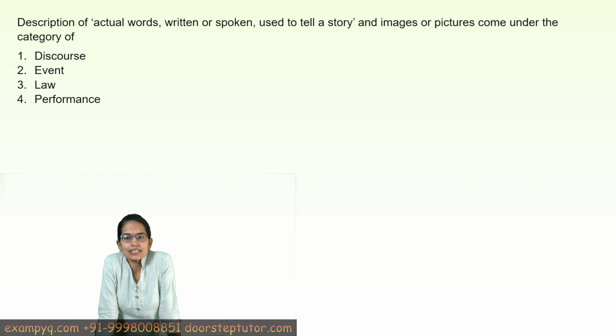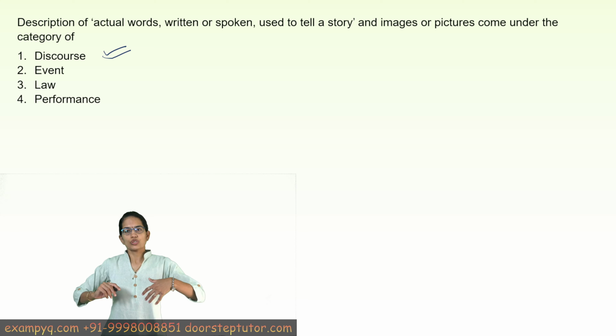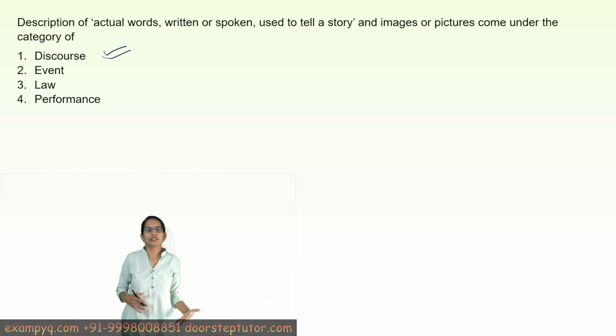Now this is a really interesting question. Descriptions of actual words which could be written or spoken and are used to tell stories, and images or pictures come under which category? So the correct answer here is discourse. Now what is discourse? Discourse is usually a discussion that happens through speech.